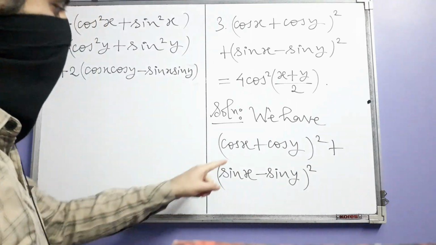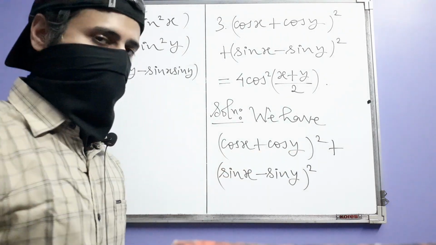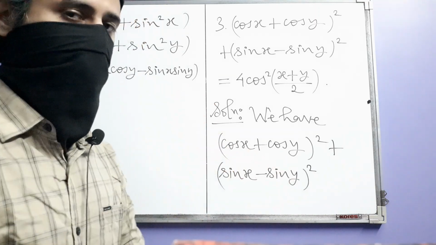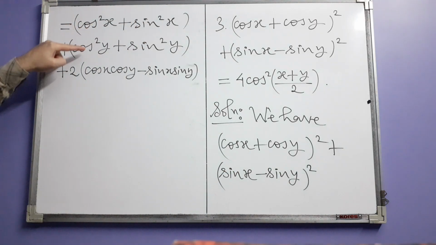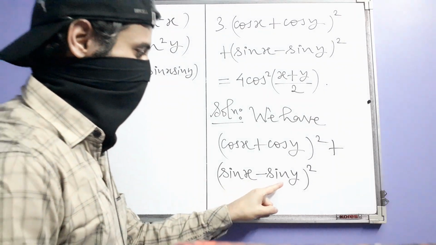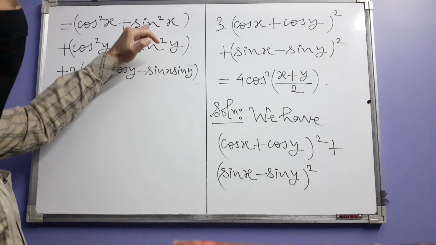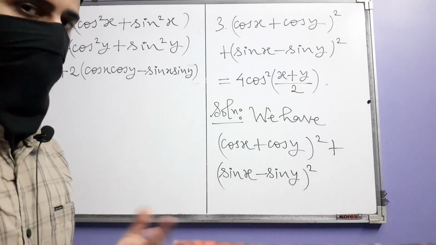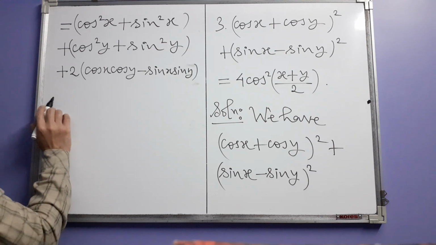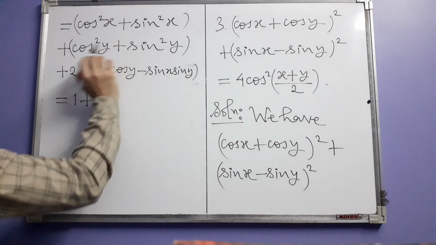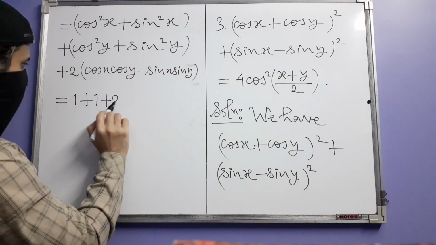But let's see if this really is what we are going to get if we expand these two squares. What shall we get from the first square? Cos square x plus cos square y plus 2 cos x cos y. And expanding the second one, we are going to get sin square x plus sin square y minus 2 sin x sin y. Yes, it's correct. But now we get 1 plus 1, plus 2.